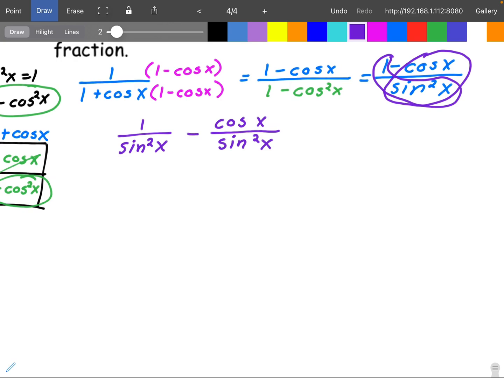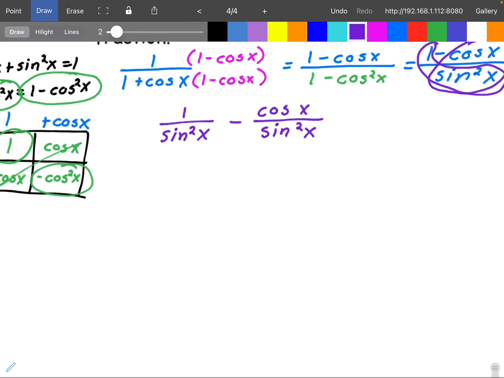Okay, so I still have fractions. Remember, our goal is to get this simplified to something that does not have a fraction. So for this first fraction, think about reciprocals. I know that sine is the reciprocal of cosecant, or cosecant is the reciprocal of sine, which means that 1 over sine squared x can be written as cosecant squared x.